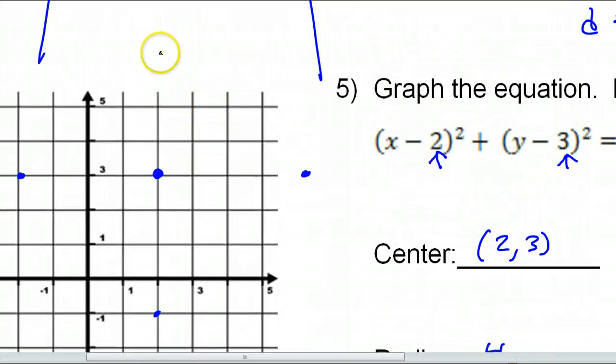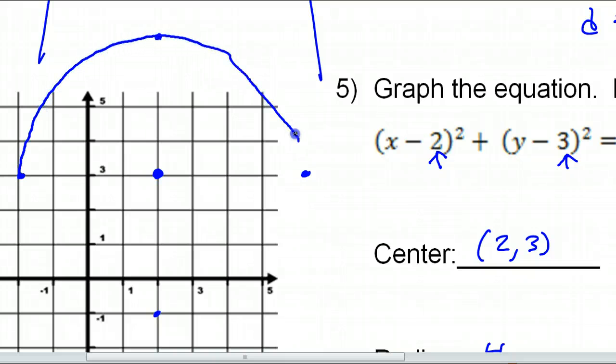And, all right, well, this is pretty far off the screen. All right, but something like that will be pretty good. All right, any questions about number 5?